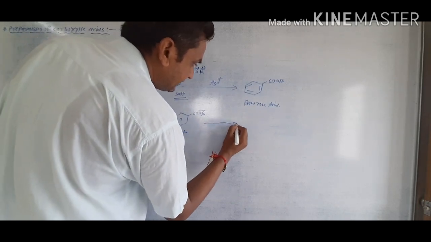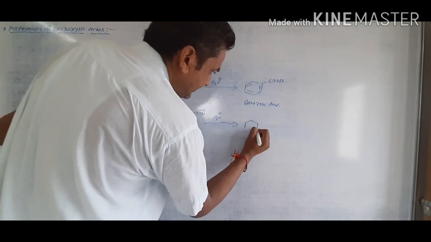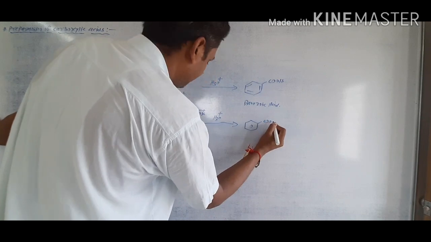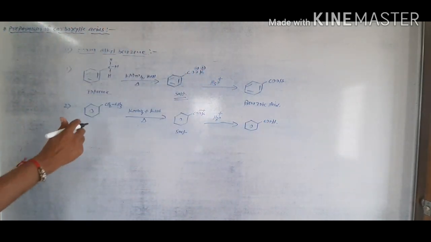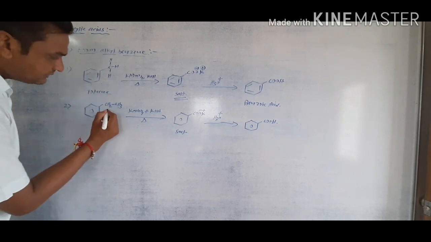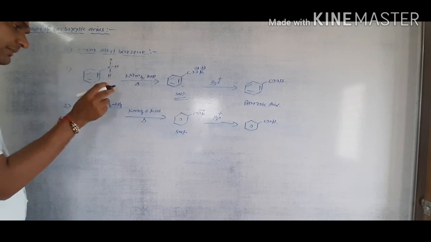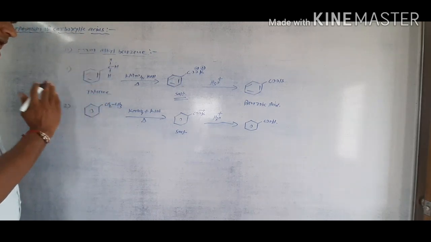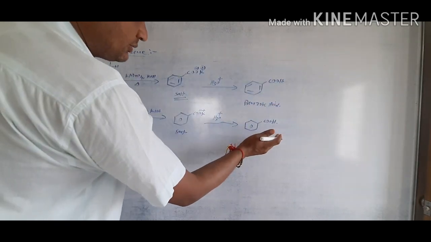There will be further acid hydrolysis, COOH, and they will also get the benzoic acid. Here it can be any type of primary alkyl group. This methyl group is also primary type, and ethyl group is also primary type. With any chain of the primary alkyl, the final product is the benzoic acid.